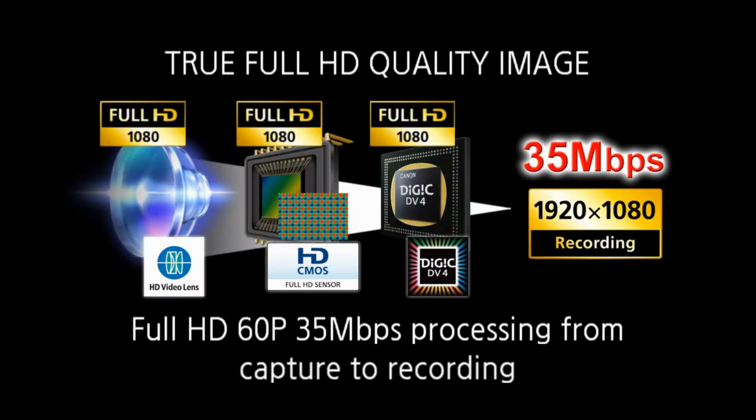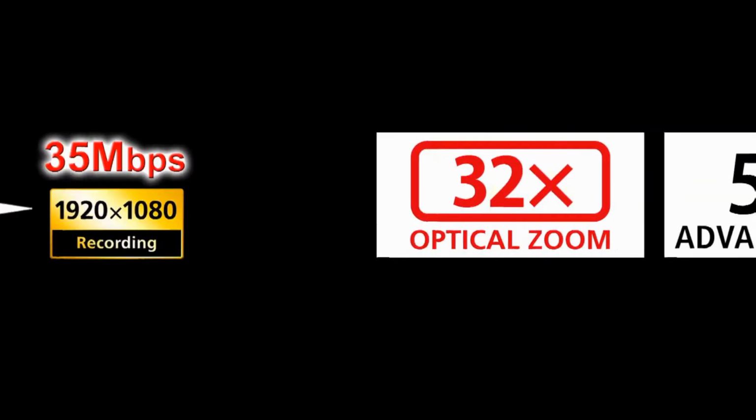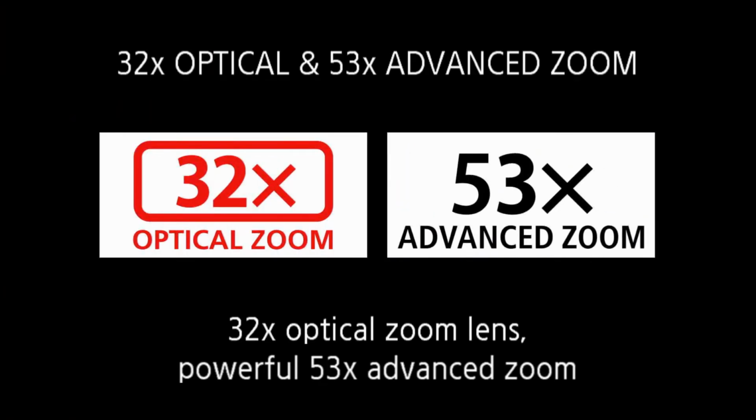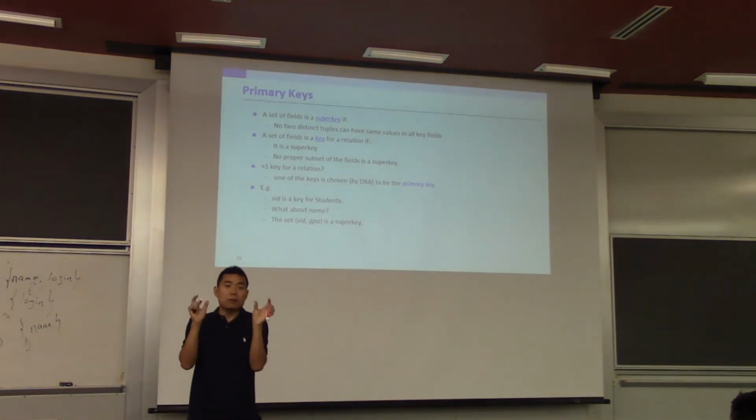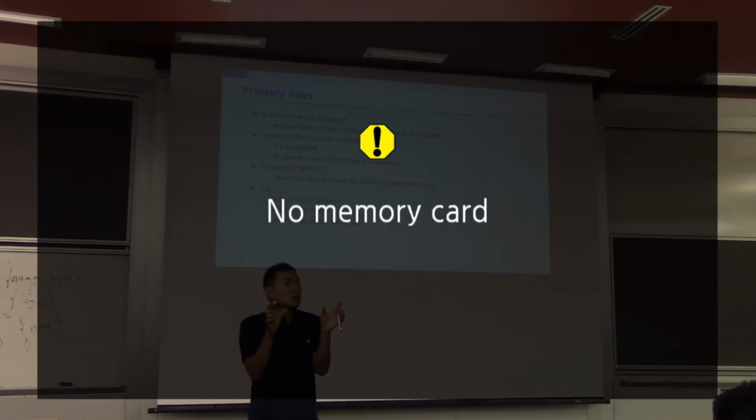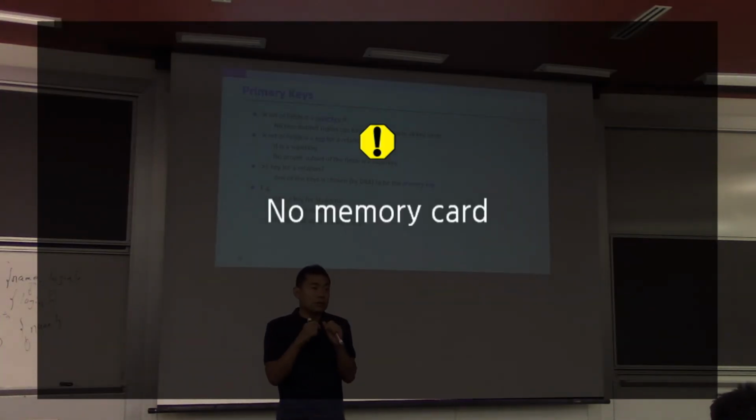For example, this is a set. A proper subset is login, name. What's the meaning of proper? Proper subset means that it is a subset that's strictly smaller in terms of the number of elements.